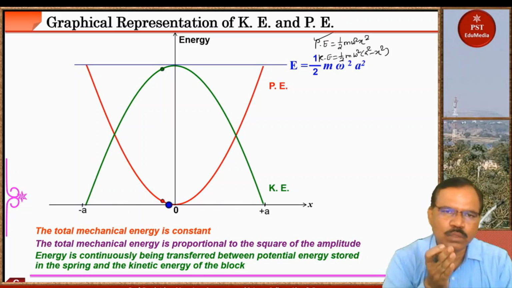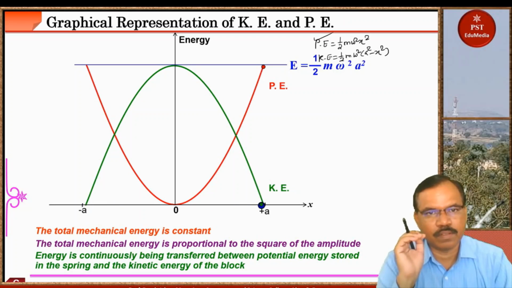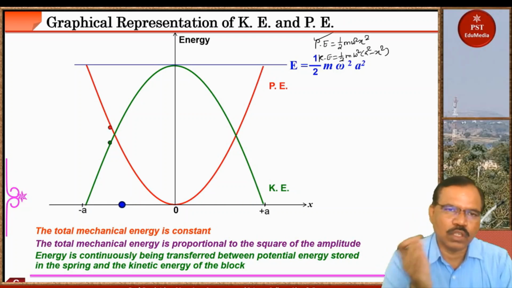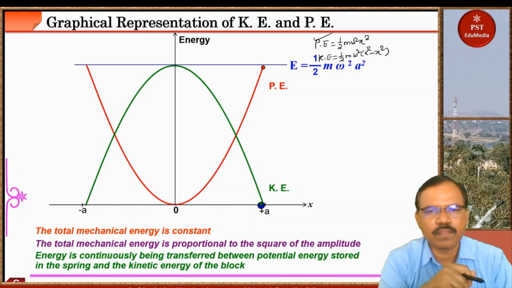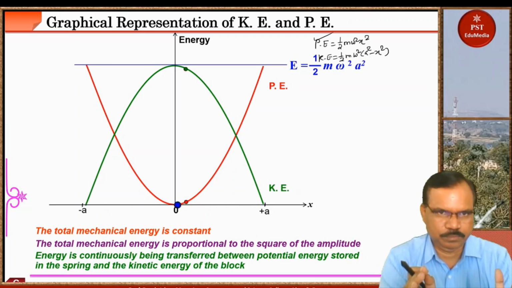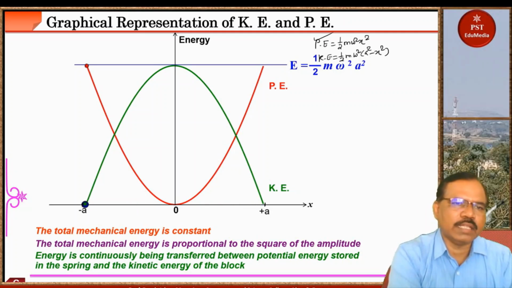When the particle goes away from the equilibrium position to the extreme position, kinetic energy goes on decreasing and potential energy goes on increasing, meaning there is interconversion because total energy is constant. So kinetic energy goes on converting into potential energy.